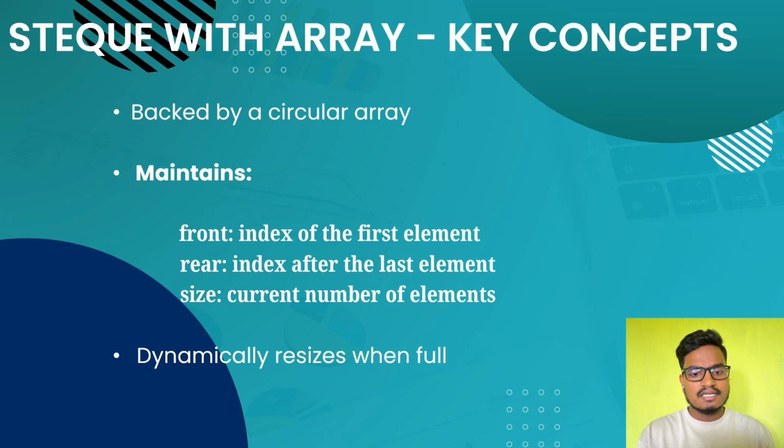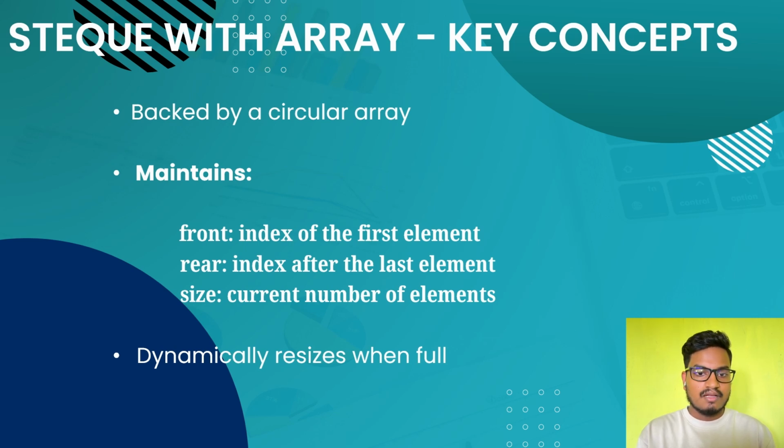Why a circular array? Imagine an array of size 5. If we fill it up and remove some from the front, we don't want to shift everything forward. Instead, we wrap around like a clock to reuse space. That's the beauty of a circular buffer.